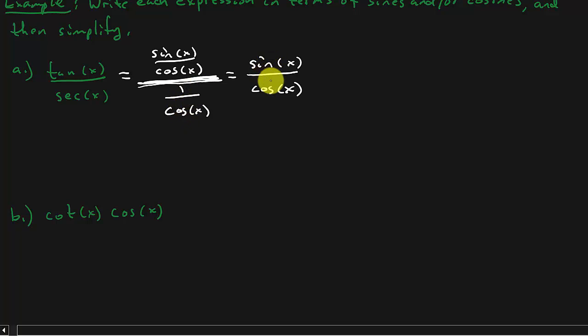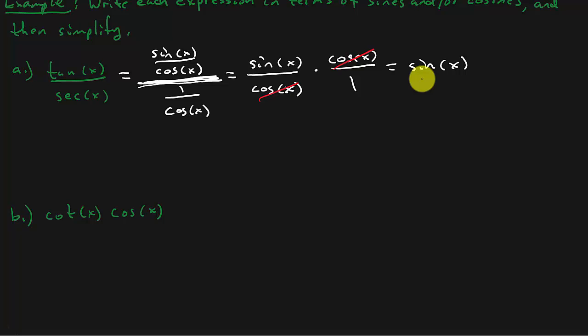Remember, it's times the reciprocal of the bottom, so cosine over 1. Then you can see the cosines cancel, and I am left with sine x. That's that term simplified, and that's what they're wanting in the problem.